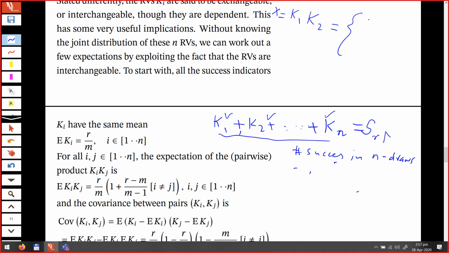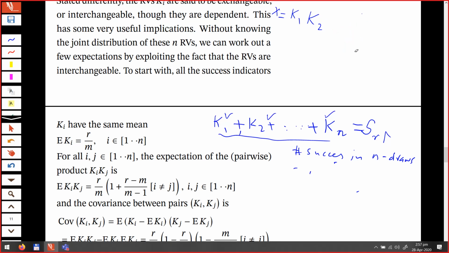It will be either 1 times 1, 1 times 0, 0 times 1, or 0 times 0. Just like a truth table.